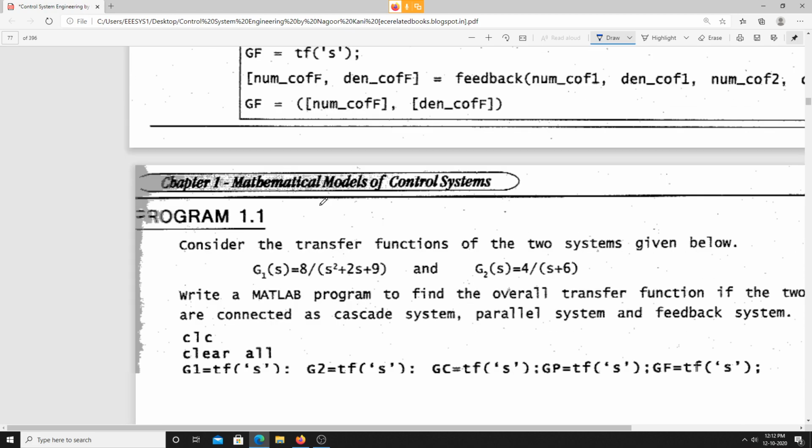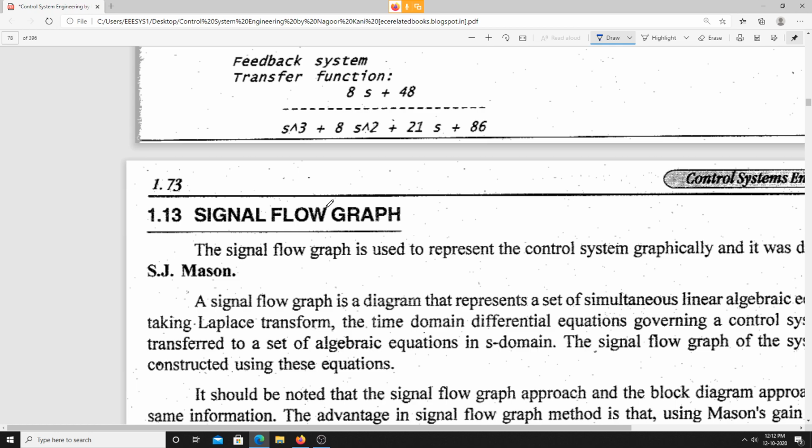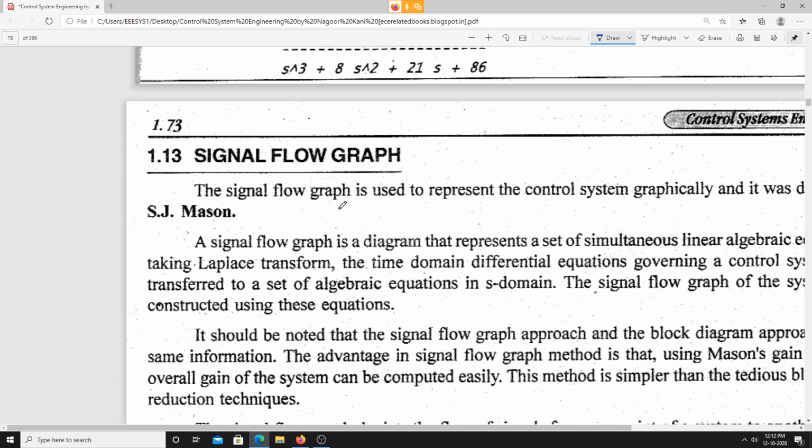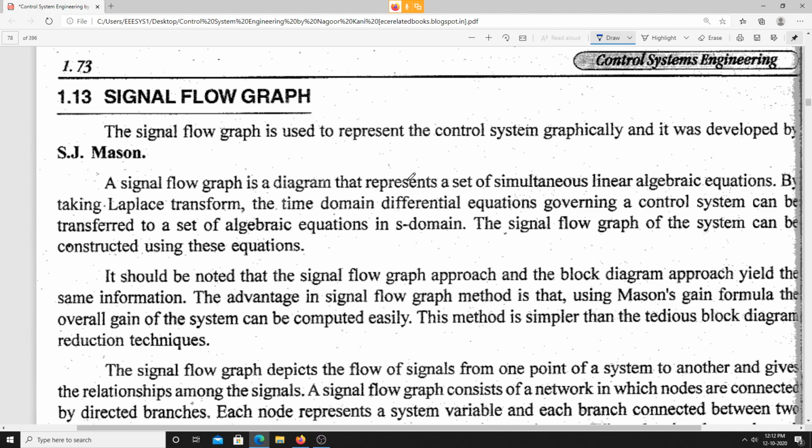Next topic, we are going to the next topic now, signal flow graphs. In the previous discussion we covered the block diagram reduction technique. Now we are going to discuss the signal flow graph.